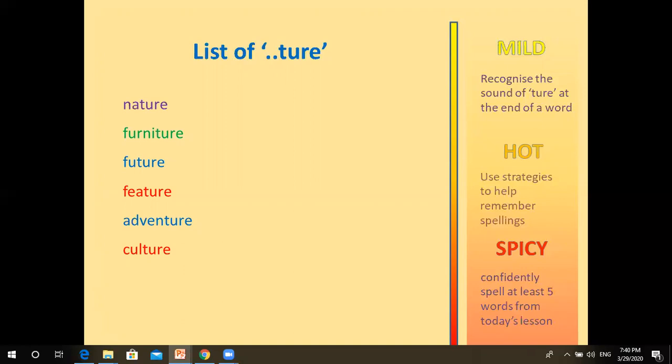Nature, furniture, future, feature, adventure, culture. Here we go: capture, factor, temperature, mixture, texture. Listen to the sound. What's the sound of T-U-R-E? Ture.